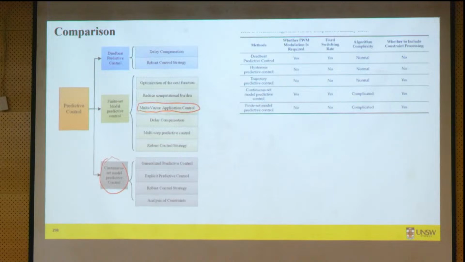They have also made a good comparison of the methods which require PWM and which do not. With some of the other controls, remember you are selecting your reference space vector, so you may not be able to fix your switching frequency.